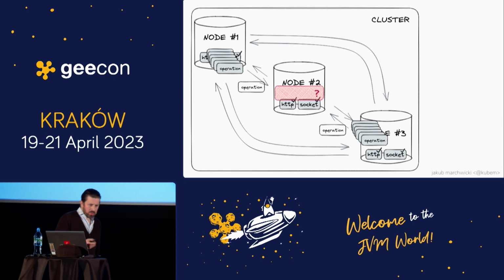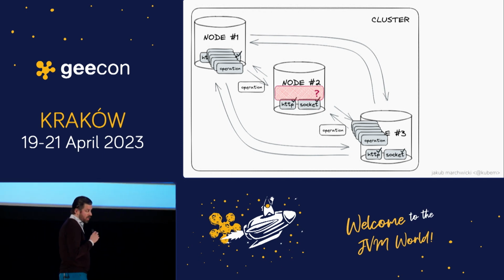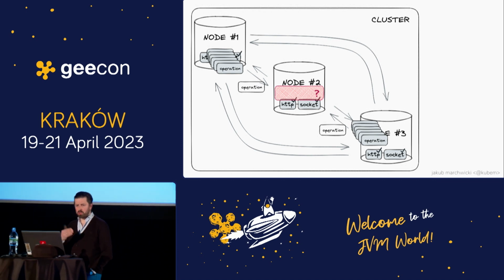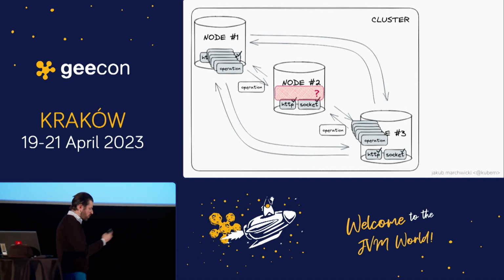So what we want to focus on is this reddish box, where we have a number of operations queued on each of the members, the nodes, and the operation is propagated to the additional members or to all other members.